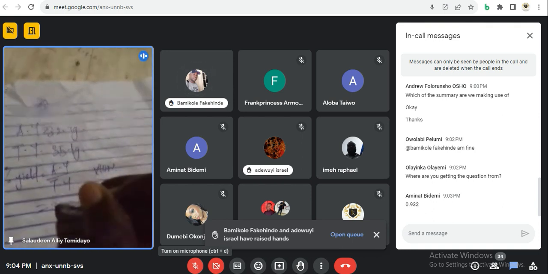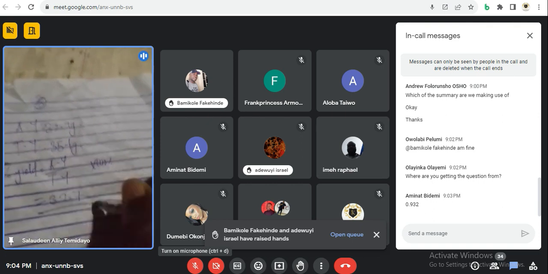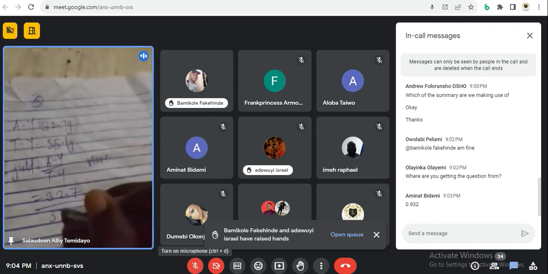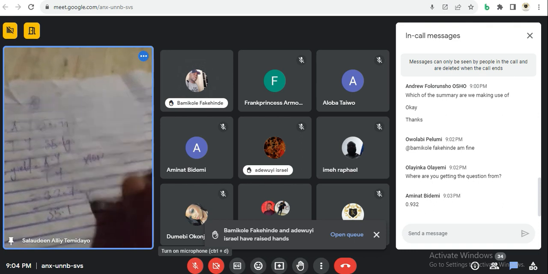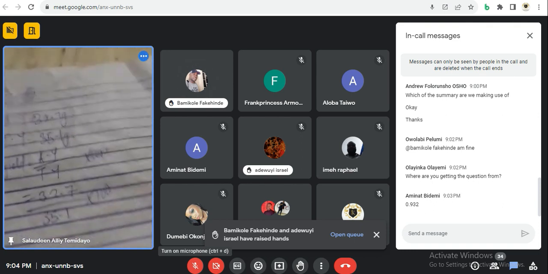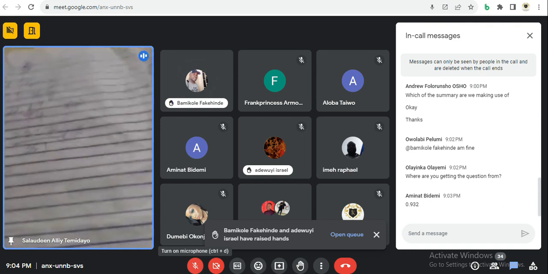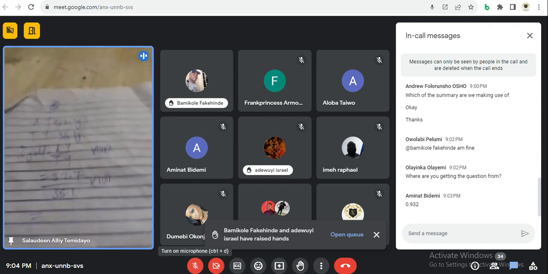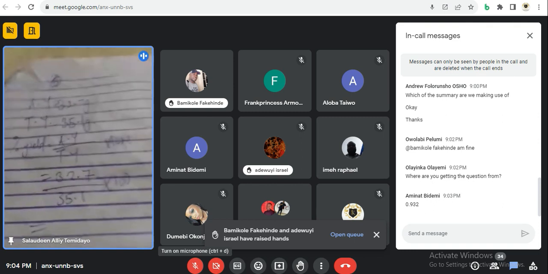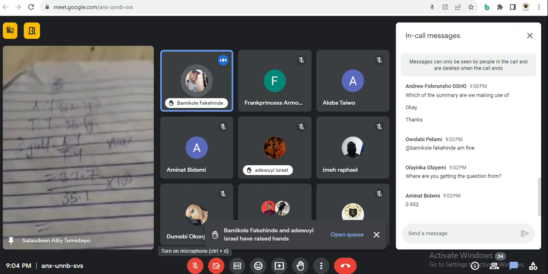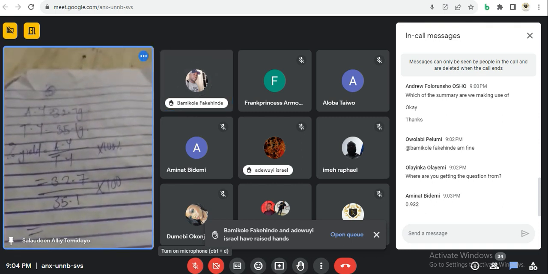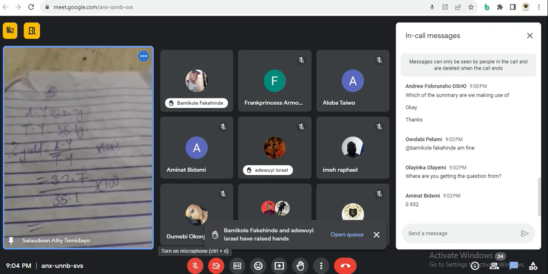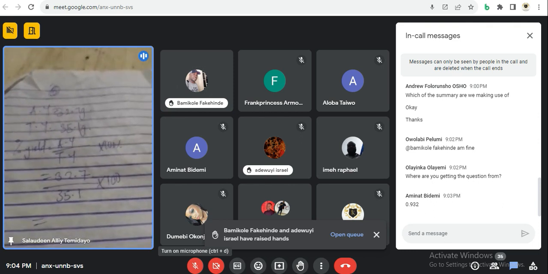The actual yield is 32.7 over the theoretical yield, 35.1, multiplied by 100. You should get 90 something. Anything you get there will be your answer, in percentage.